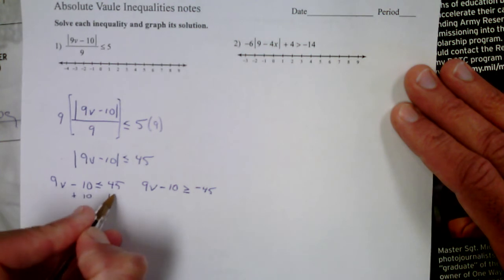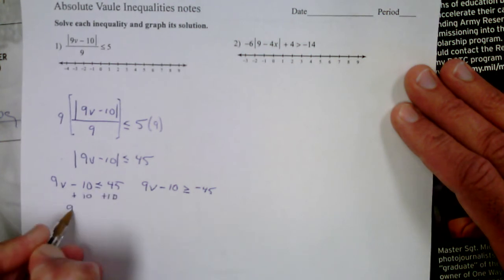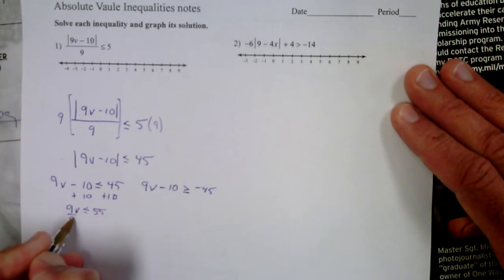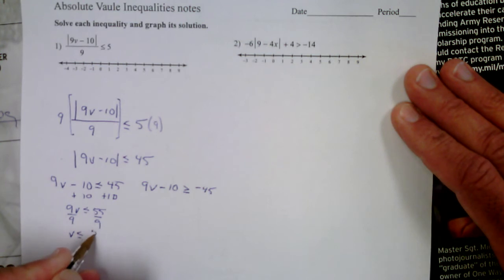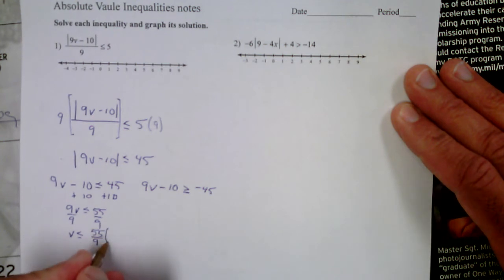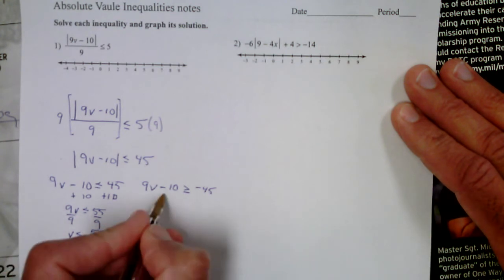Now you solve it just like you would before. Plus 10, plus 10. 9v is less than or equal to 55. Divide by 9. v is less than or equal to 55 over 9, since that doesn't go in evenly, and that's about 6 1/9. Okay, same thing over here.